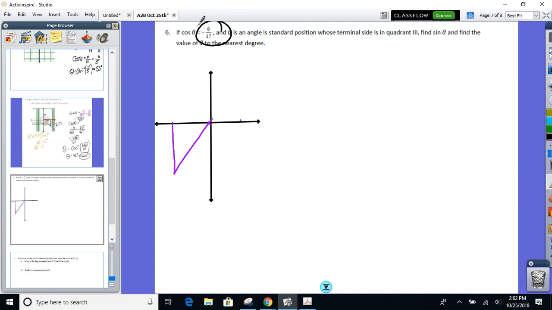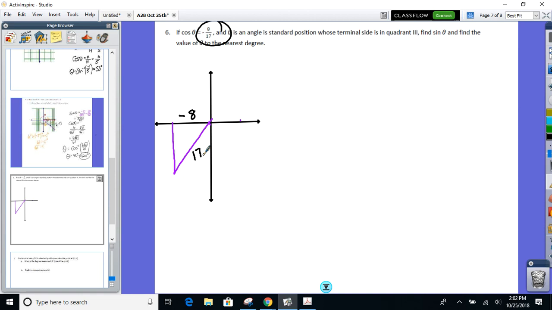That's the adjacent side, -8. What's my hypotenuse? 17. Now, I will let you know, in all seriousness, hypotenuse never negative. So how did I know to put the negative sign on the 8? It's on the negative side of the x-axis. But hypotenuse never negative.